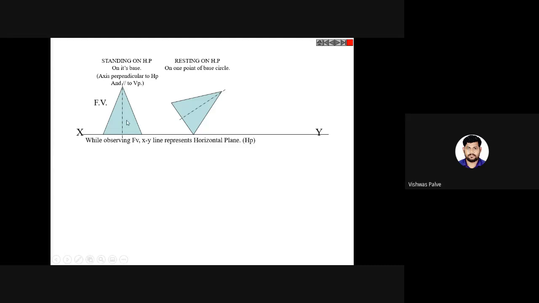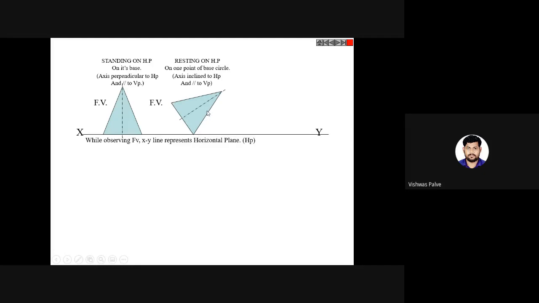Suppose we say that the object is resting on the horizontal plane. Then in the front view, you will get a triangle. And suppose the object is resting on HP on one of its base circle, so this is a cone, it will have a triangle which is inclined.